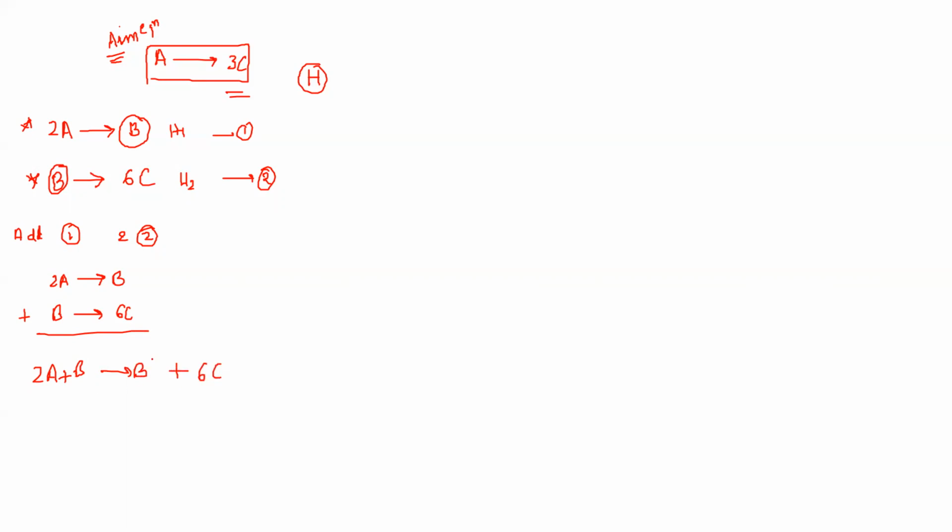Now it's just like a mathematical equation. If there is 1B here and 1B here, just like you would deal with variables, you have to deal with chemicals. So we can simply cancel off this B, just like if you have an equation x plus y is equal to x plus 3z, you can cancel off x and x. Same thing we have done here. We have just cancelled out B. So the equation we have got is 2A gives 6C.